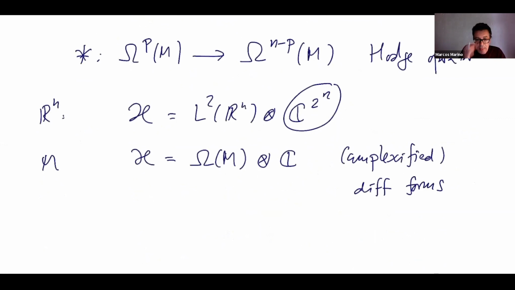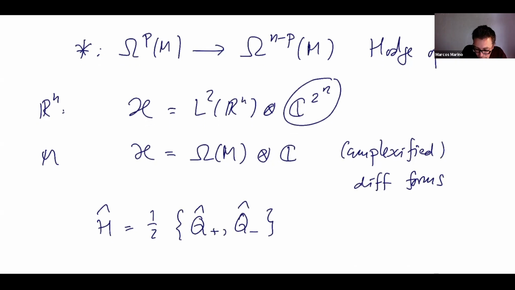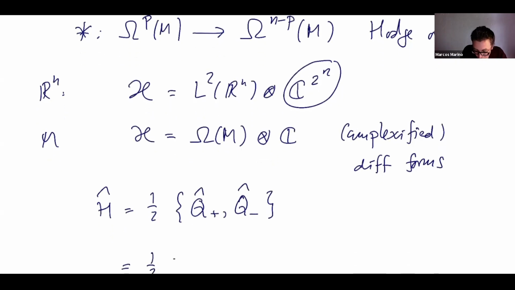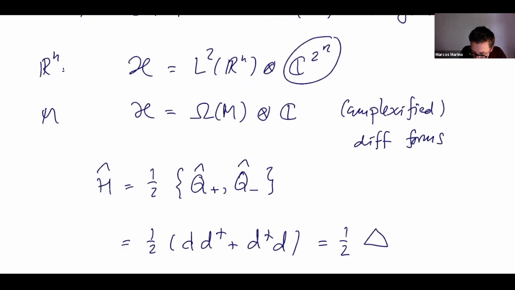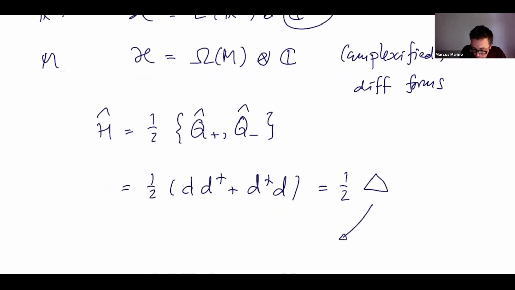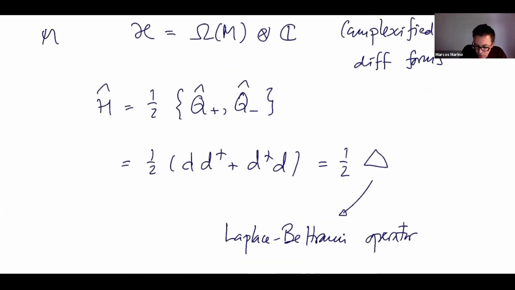And then the last step is to interpret the Hamiltonian. The Hamiltonian, as we constructed it, is the anticommutator of Q plus and Q minus. And then what does it become? It becomes d d dagger plus d dagger d. And this has a name in geometry. This is one half the Laplace-Beltrami operator. So you see that it's really very beautiful.